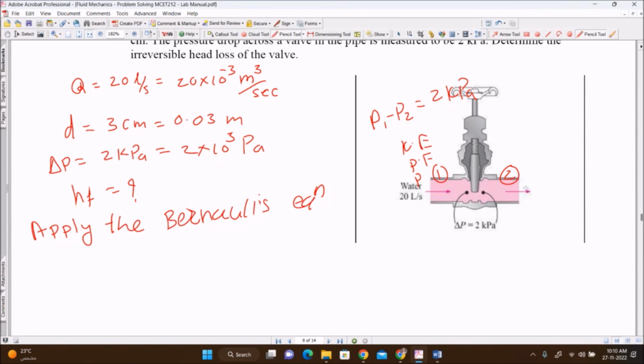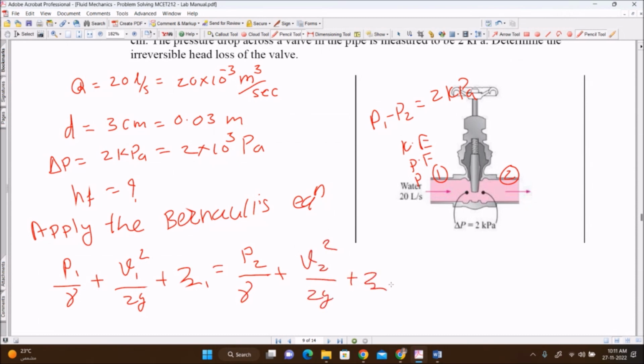So energy is constant. Pressure energy is P1 by gamma, plus kinetic energy, velocity V1 square by 2g, plus potential energy Z1, is equal to the energy at outlet: pressure energy P2 by gamma, plus kinetic energy V2 square by 2g, plus potential head Z2, plus head loss due to friction.